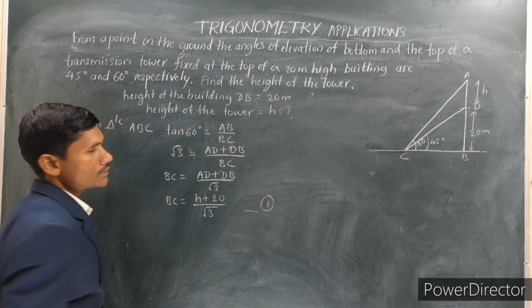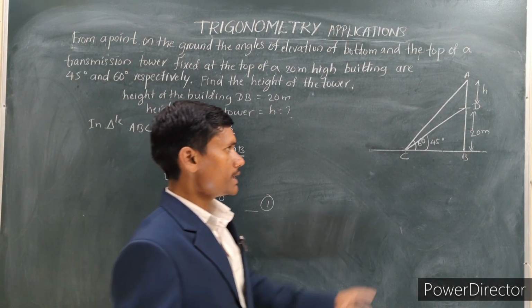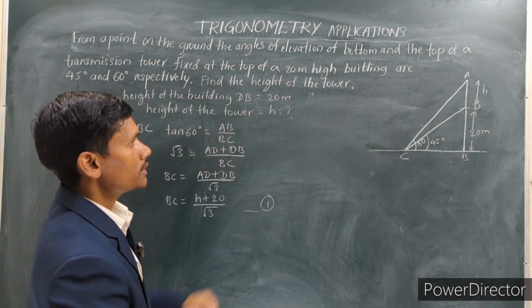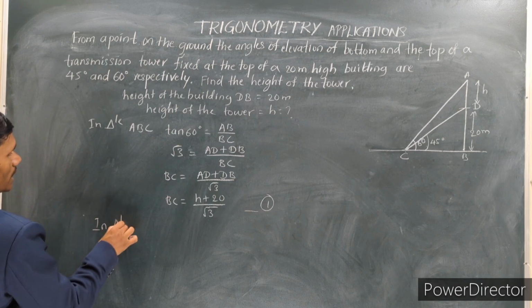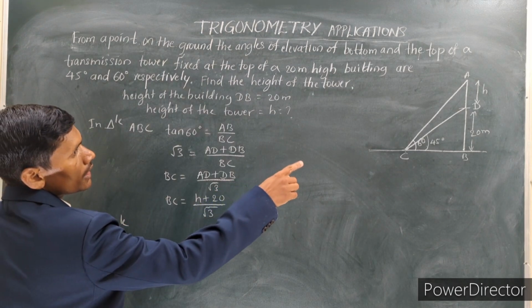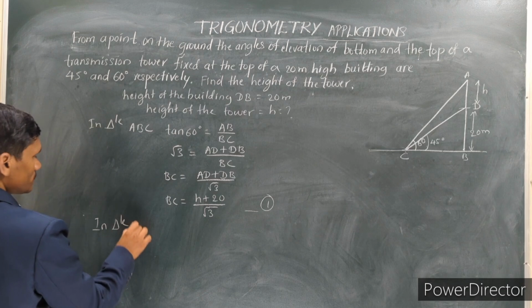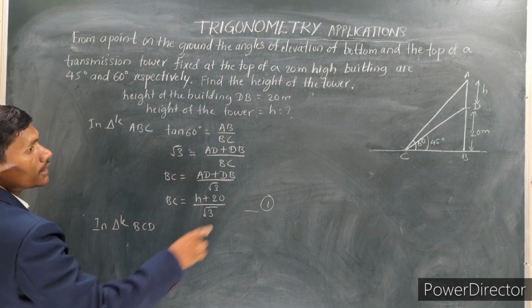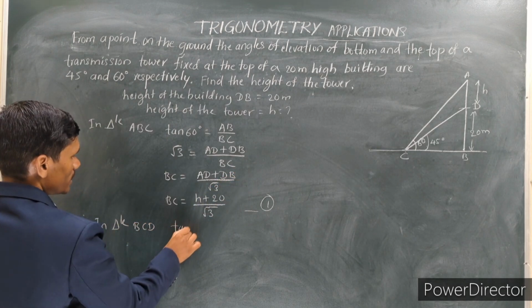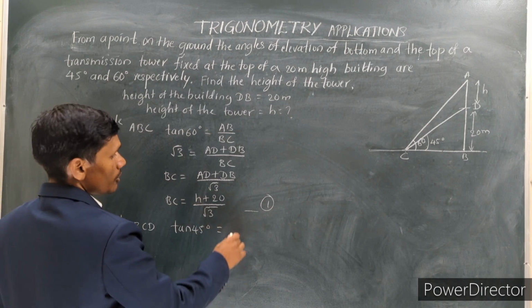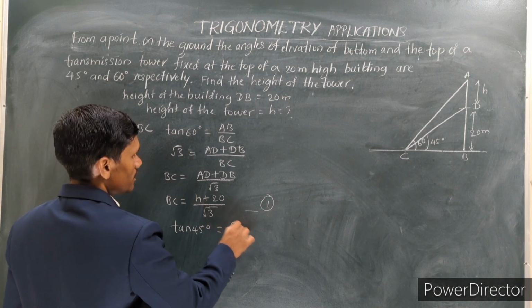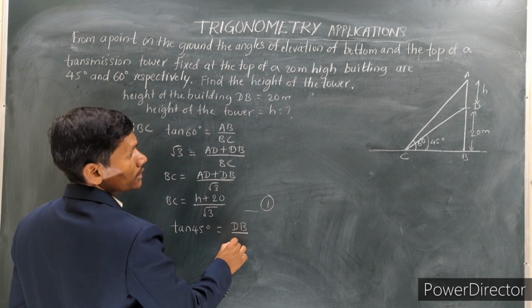We got one BC. Let us go ahead with the next BC now. You have to find that also, right? That is in triangle BCD you take. What is that? Tan 45 degree. Tan 45 is equal to opposite, that is DB upon BC.